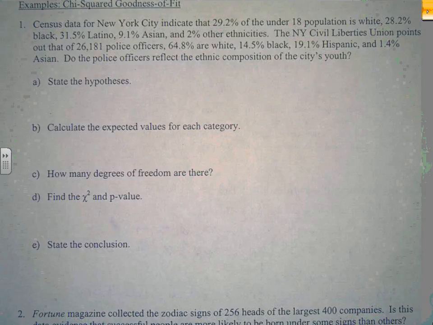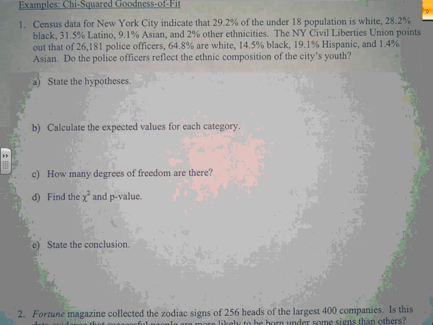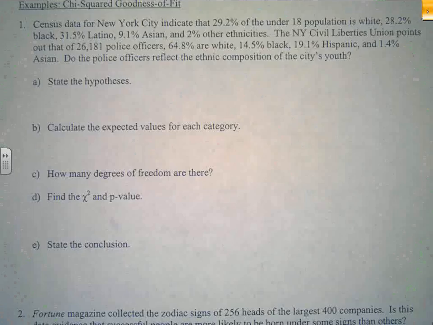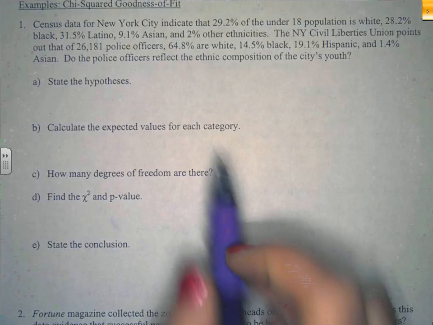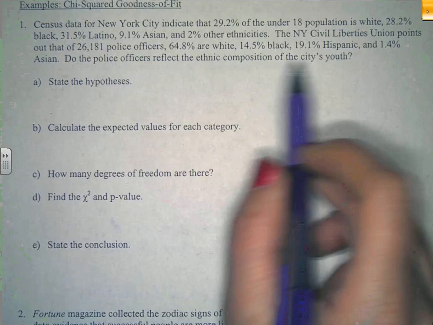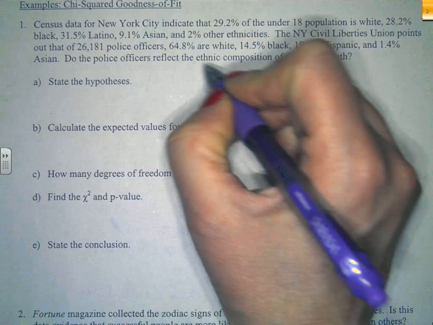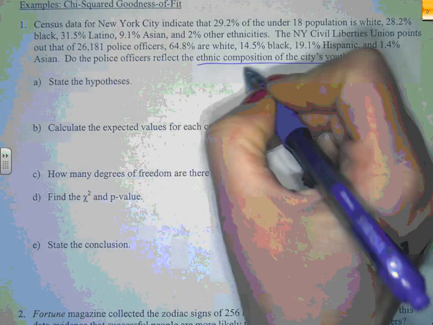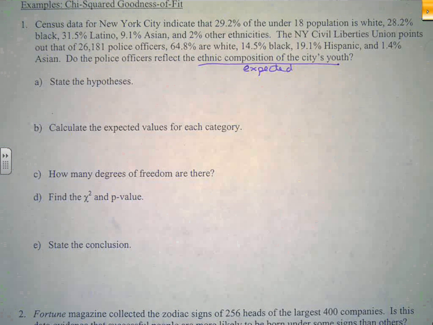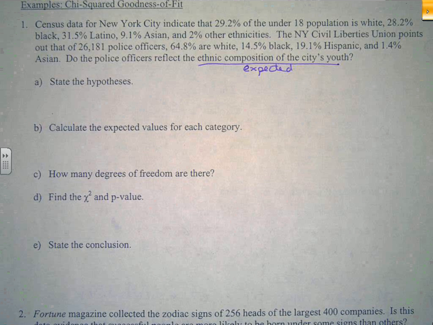Our question says, do the police officers, so you have different percentages, the ratio of different races for the police officers, reflect the ethnic composition of the city. So this is what is expected. We're trying to see if the police officers have about the same ratios as the city.